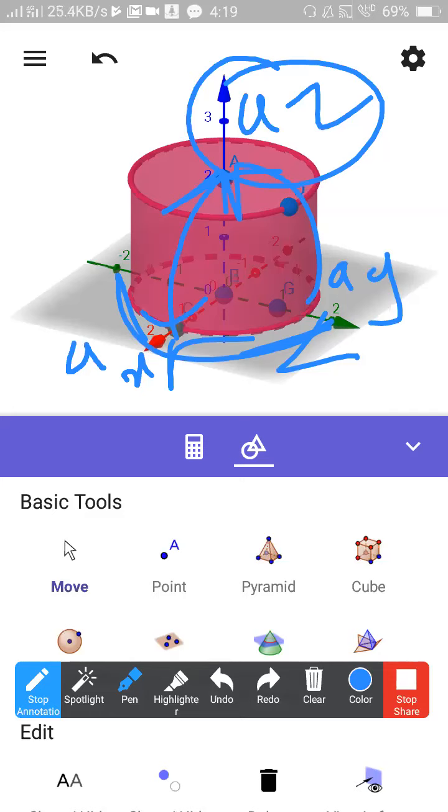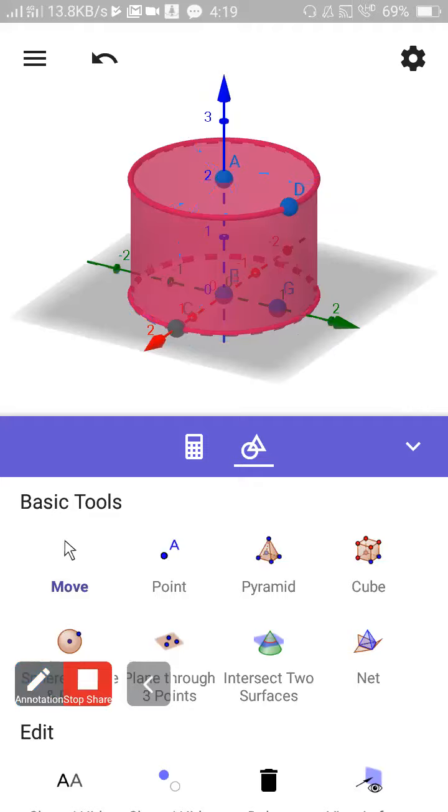Once it is okay, I will move on to the spherical coordinate system. Before going to that, I want you to solve this one.